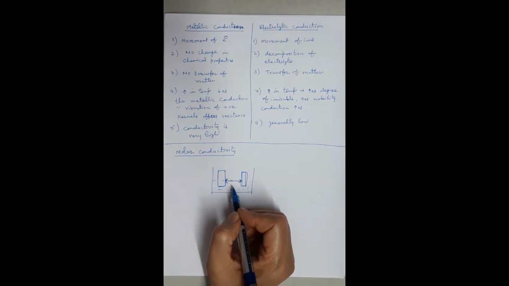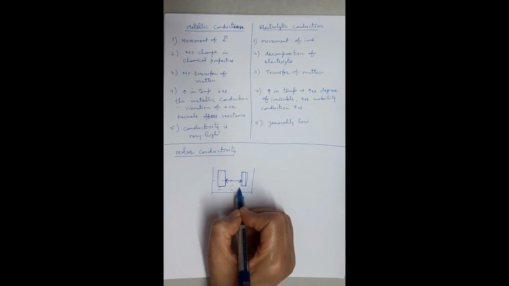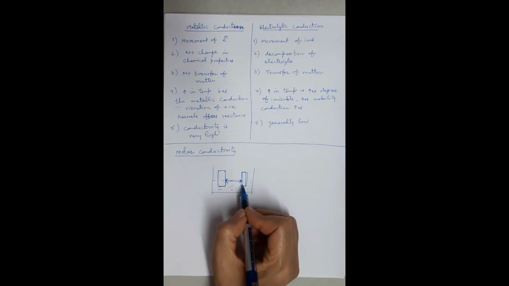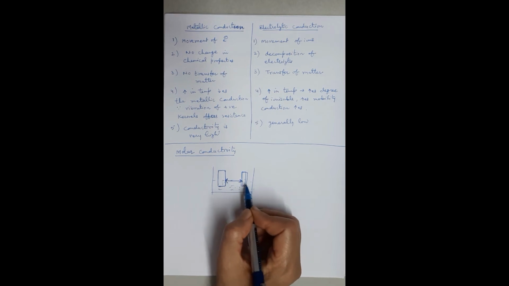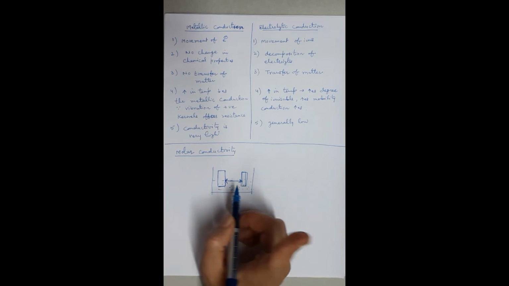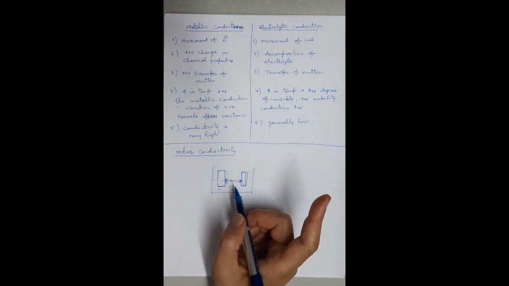Molar conductivity is the conductance of a solution which is kept between electrodes at unit distance apart and having area of cross section large enough to accommodate the volume which contains 1 mole of electrolyte.